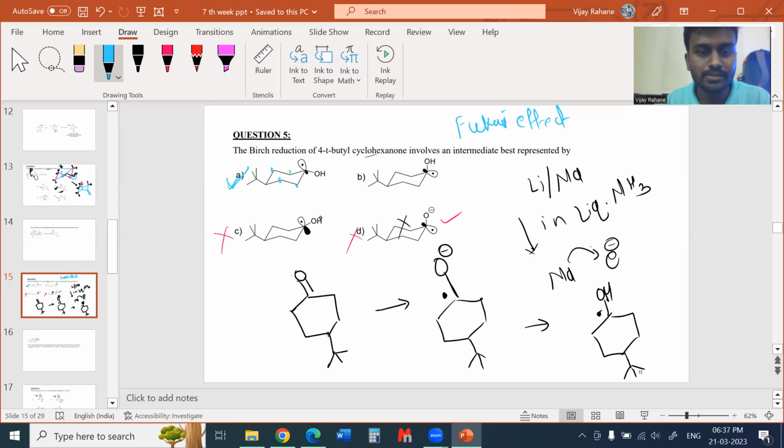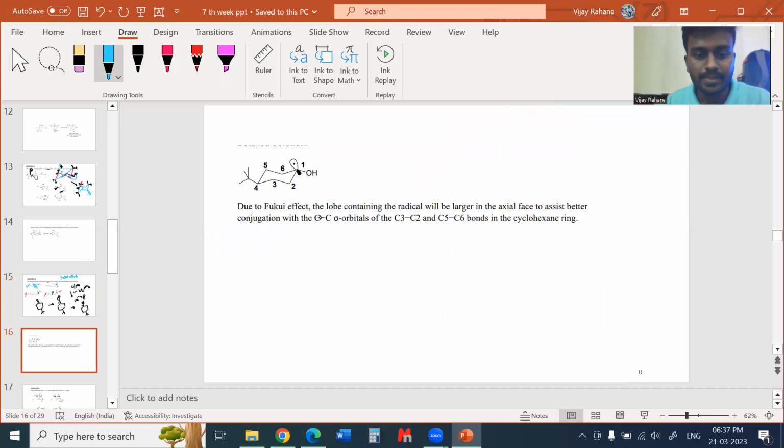These carbons have a sigma orbital, right? So it has an axial overlap. This is the reason this radical gets stabilization, which is not possible when the radical is in the equatorial position.